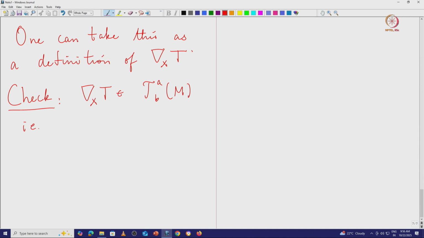So what do you have to check? You have to check that it's C infinity M multilinear.